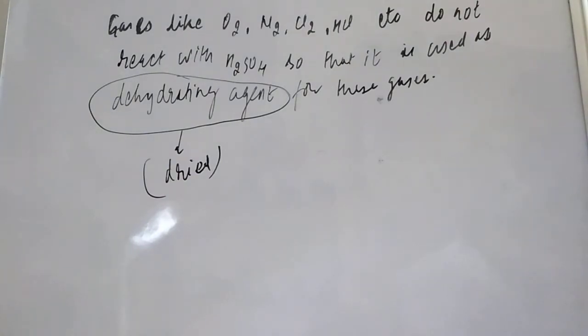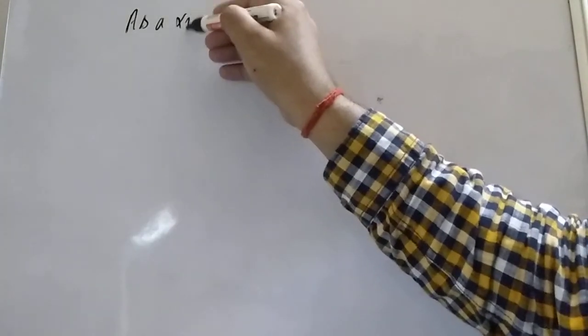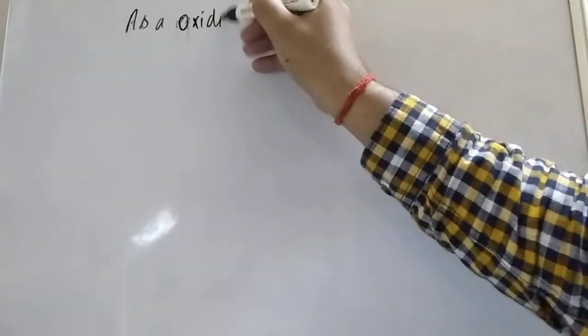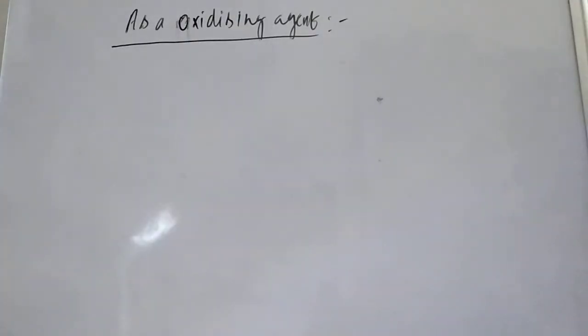Now, student, the next chemical property is the oxidizing agent. H2SO4 is also used as an oxidizing agent. So how is it used as an oxidizing agent?